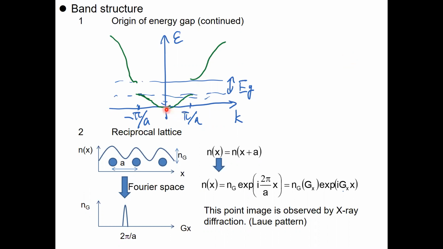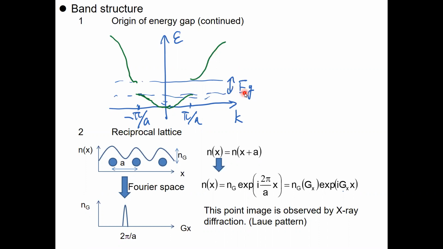When we think about the electron wave, which is deflected under some Bragg condition, at every pi over a for the k vector, two types of waves are generated: one is lower in energy, and the other is higher in energy. This gap is called the band gap.